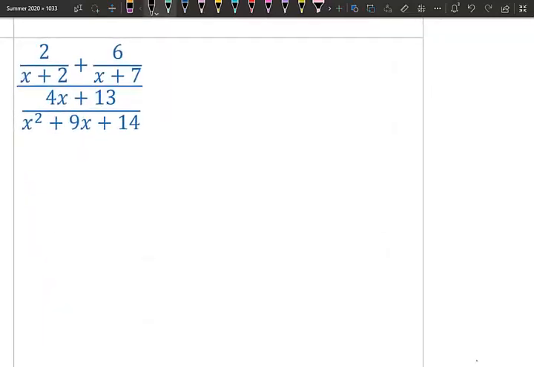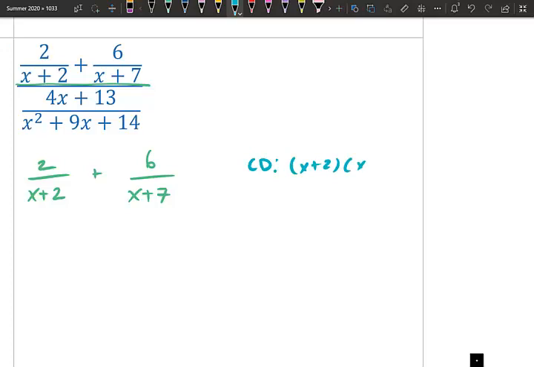All right, let's take these apart. So the top is telling us to add, so we're going to add. Our denominator, we just multiply them together, is x plus 2 times x plus 7.